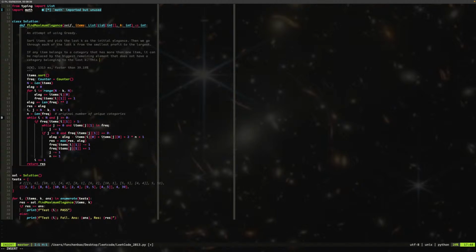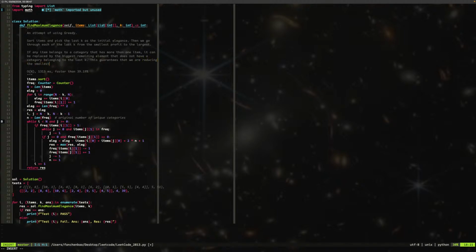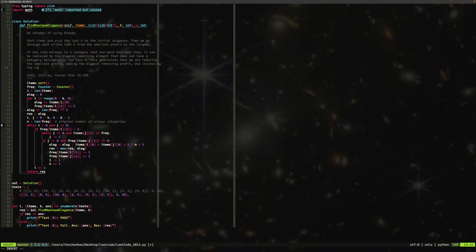Now this guarantees that we are reducing the smallest profit, right? Adding the biggest remaining profit and increasing the number of unique count, right?